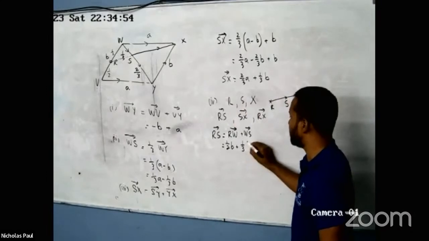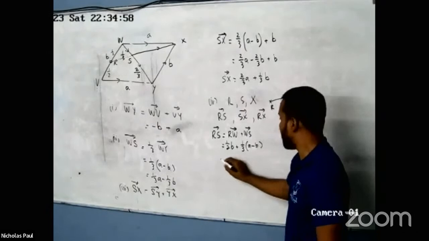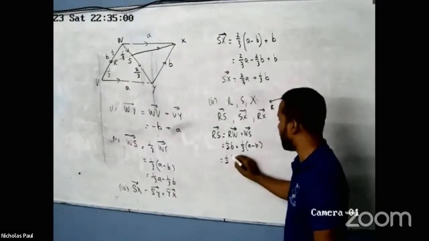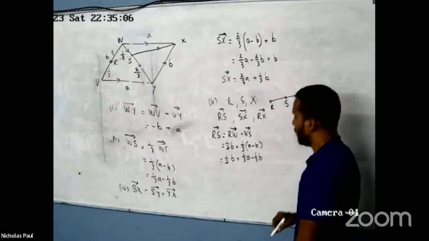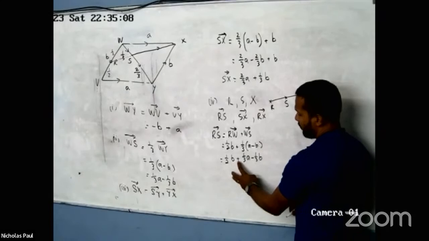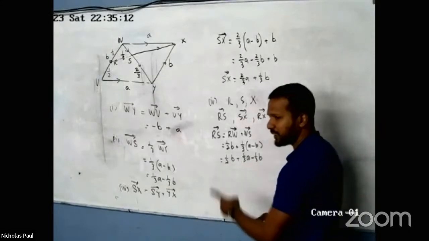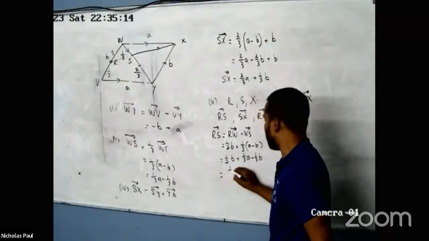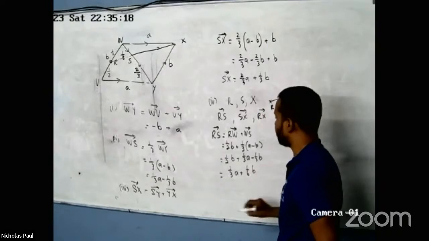WS is 1/3 A minus B. Then you have to multiply this out. So this is 1/2 B plus 1/3 A minus 1/3 B. So a half B minus 1/3 is what? 1/6. So you'll get 1/3 A plus 1/6 B. That's your RS.